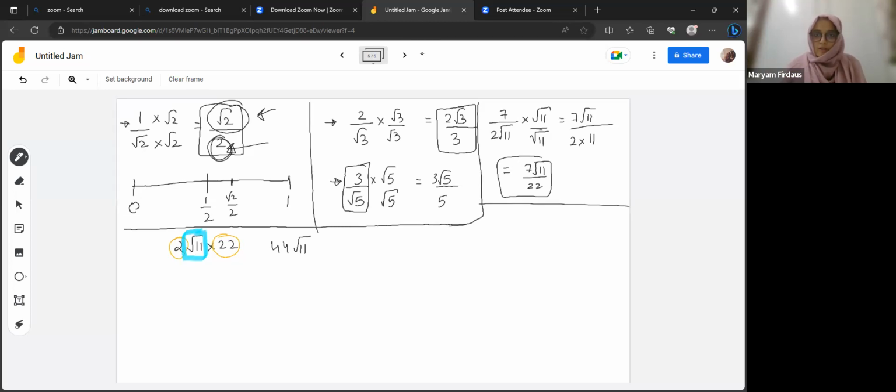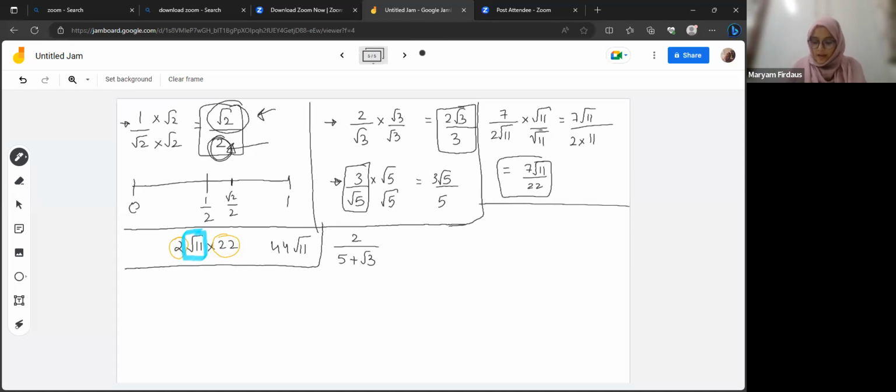All right. Let's do a different type of question. 2 by 5 plus root 3. Now, what do you think we should do here? Avni, what do you think we should multiply it with over here? Root 3.